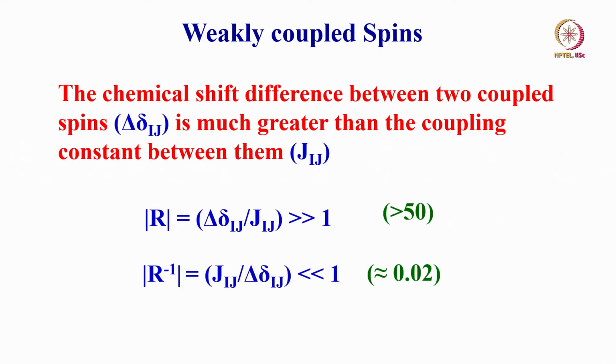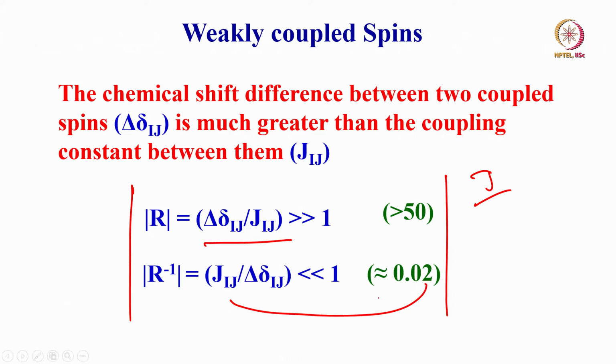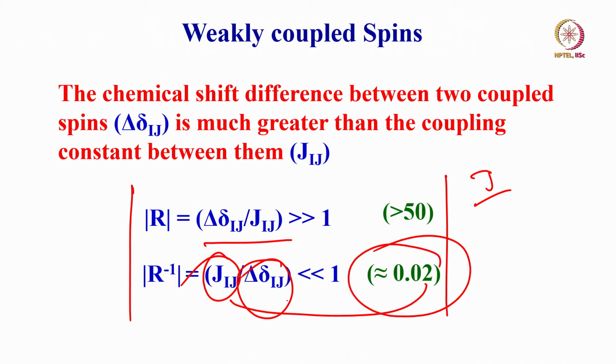Simple thing to remember: for understanding weakly and strongly coupled spin systems, you take delta by J or J by delta, it does not matter. If J by delta is very small, like 0.0001, with J in the numerator and the chemical shift difference in the denominator, then they are called weakly coupled.